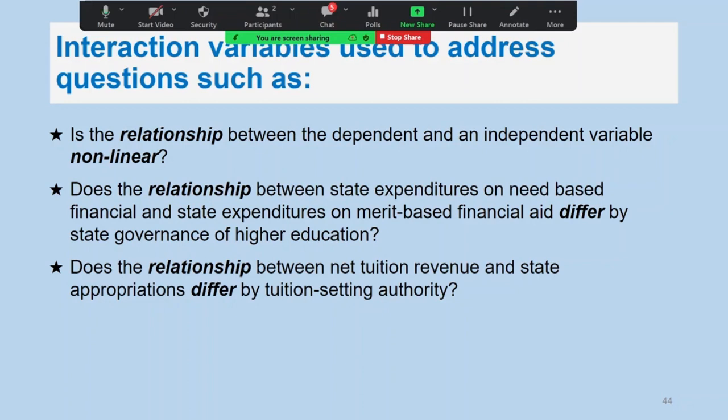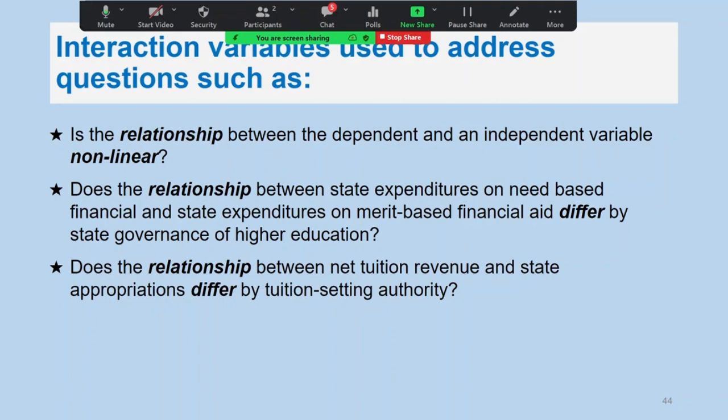Coppin State University has to go through the system office, right? So there's another level of governance there. And the system office also creates policy for all the institutions within. Whereas in other states, it's very different, right? New York is another example.